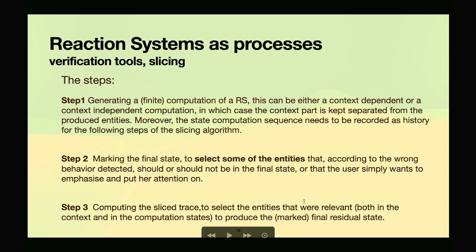Maybe the biologists that are interested in those entities, or because there is something wrong, or because we want to know the causes, the reactions that have been applied to generate those entities. And then from that final state, the slicing algorithm performs a backward computation, eliminating all the entities that are not necessary to produce that specific subset.